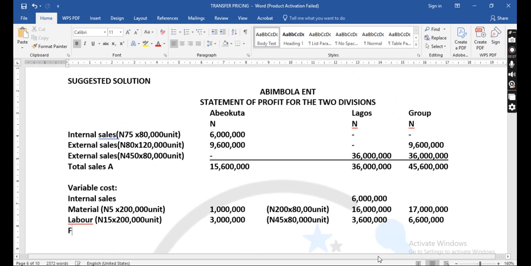So we can have fixed costs for Abeokuta. What is the fixed cost for Abeokuta? 4,400,000.